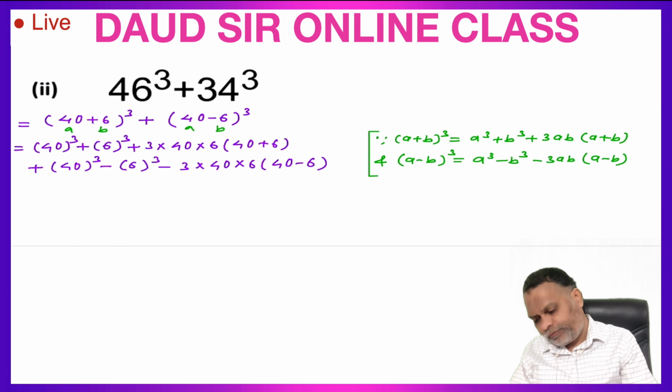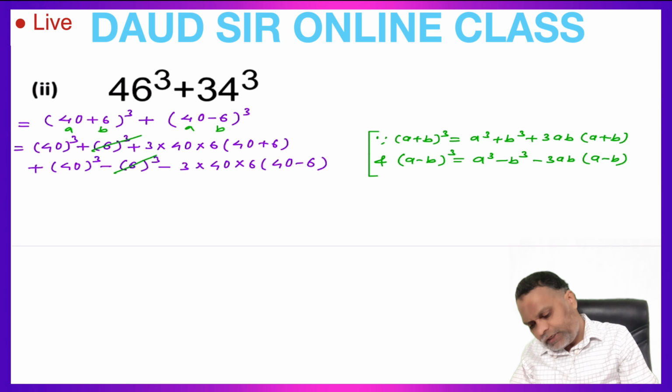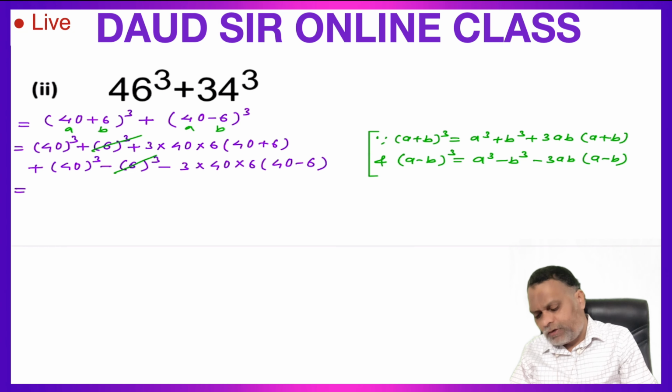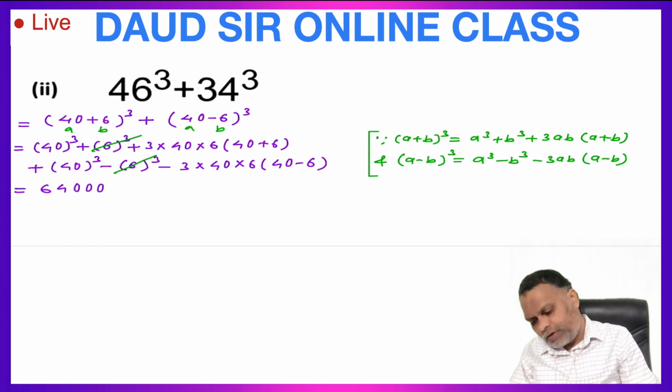So this 6 cube negative and 6 cube positive cancelled, which is equal to 40 cube. 4 4s are 16, 16 4s are 64, 64 and put 3 zeros.